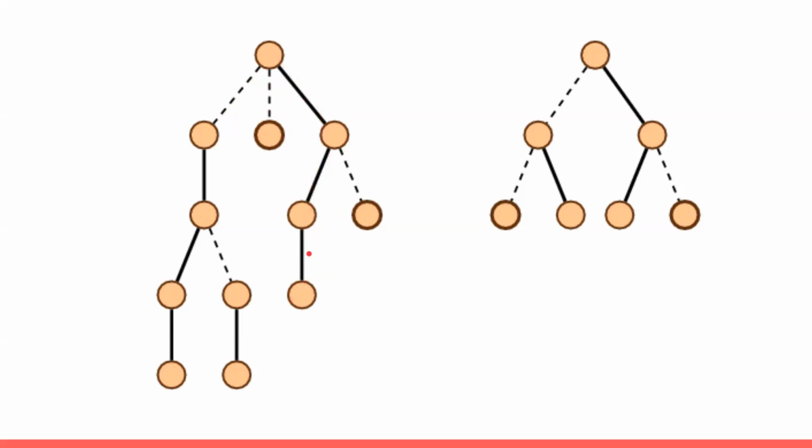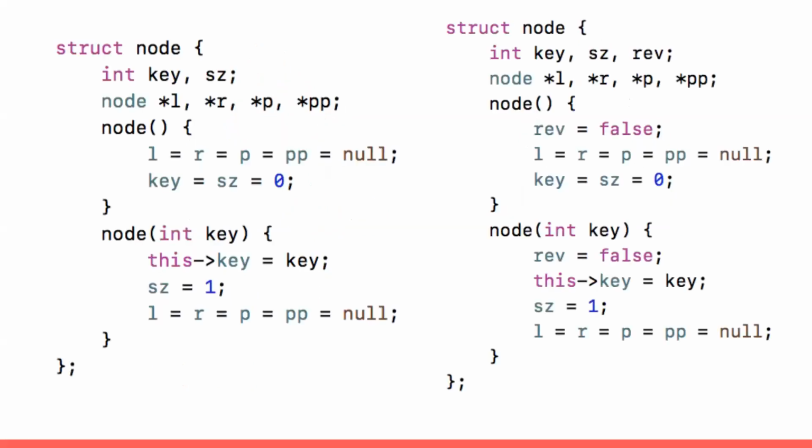So the only thing that we should add in order to support the change root is support of reversing some vertices in the splay tree. So we are going to have one more flag, and it's called rev.